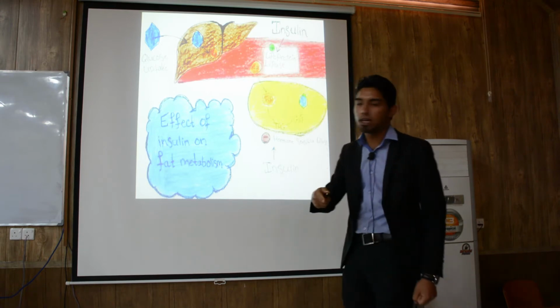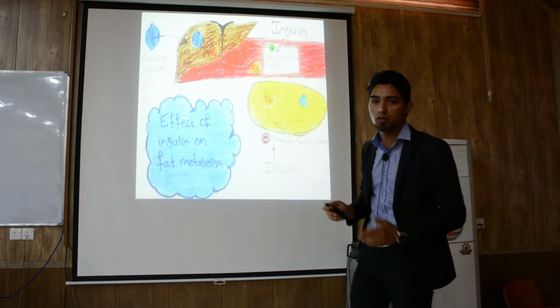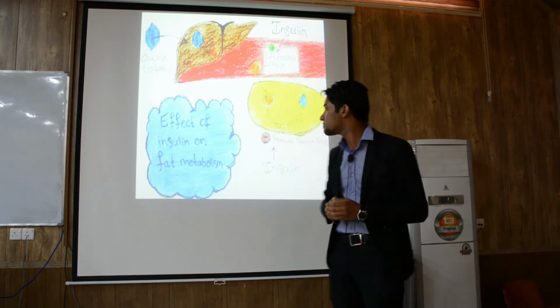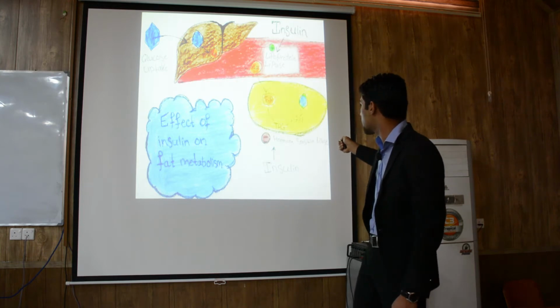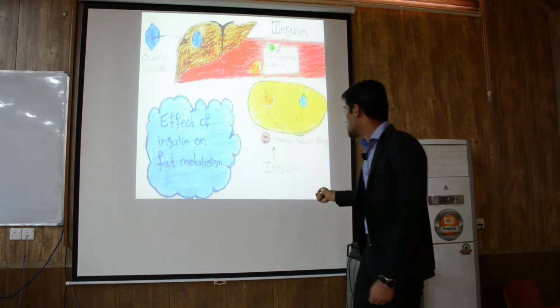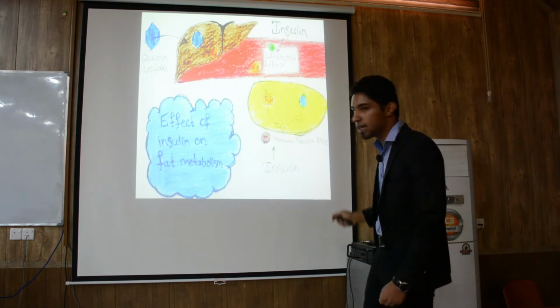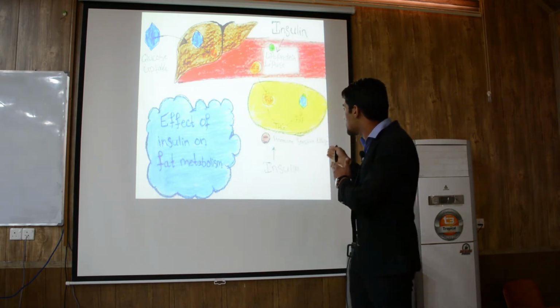At the same time, insulin will increase the glucose uptake by the adipose tissue by increasing glucose transporter type 4. This glucose, after it enters the adipose tissue, will be converted to glycerol 3-phosphate. It will combine with the fatty acid and form triacylglycerol. Here, the insulin will inhibit hormone-sensitive lipase and trap this fatty acid, this fat, in the adipose tissue.